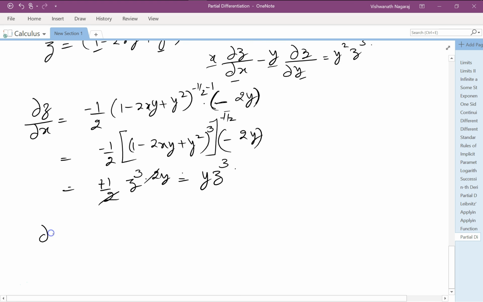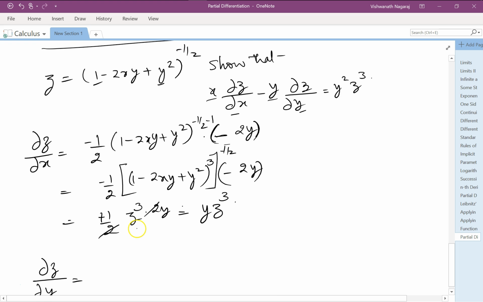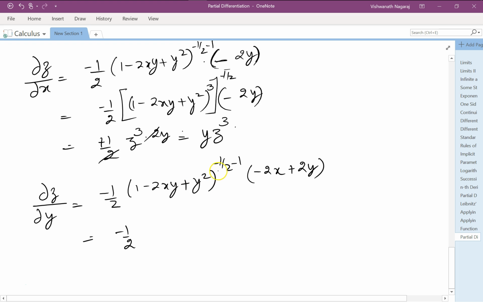Now, dou z by dou y. Now, let's do this. Same thing. Again, very carefully. Minus half (1 minus 2xy plus y square) to the power of minus half minus 1. And now we are doing it with respect to y. So what do we get? Minus 2x from this plus 2y. Now same argument.